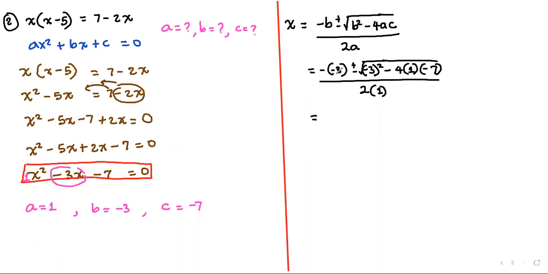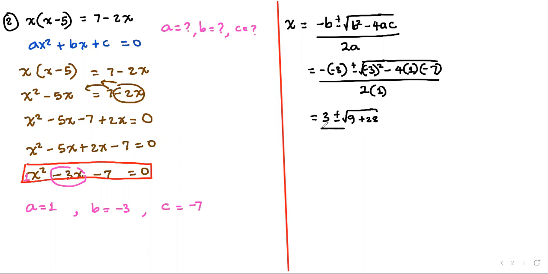So now, the negative of -3 will give you a positive of 3, plus or minus. When we have -3 squared, that will give us 9 because it is negative 3 times negative 3. Now, minus 4 times 1, you will get minus 4. And minus 4 times minus 7, you will get plus 28.